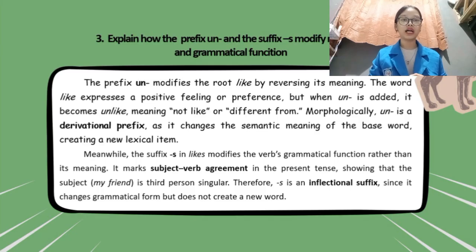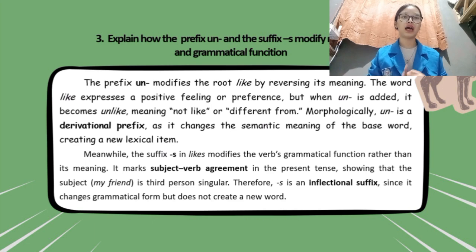But when "un-" is added, it becomes "unlike," meaning not like or different from. Morphologically, "un-" is a derivational prefix as it changes the semantic meaning of the base word, creating a new lexical item.